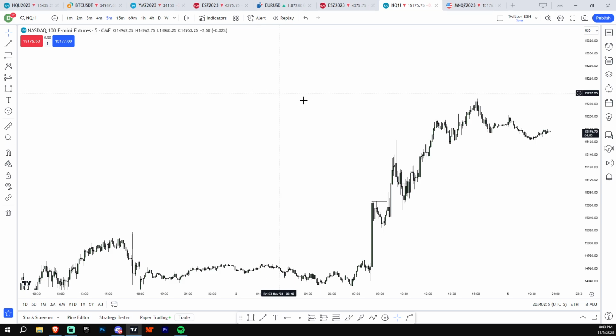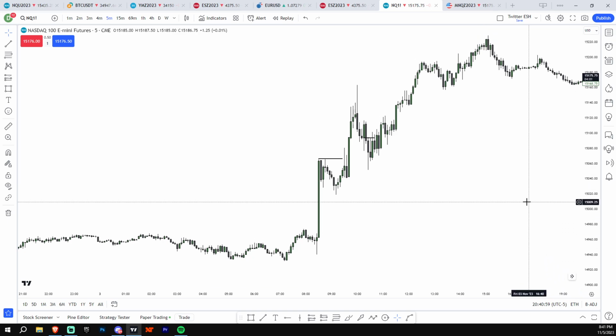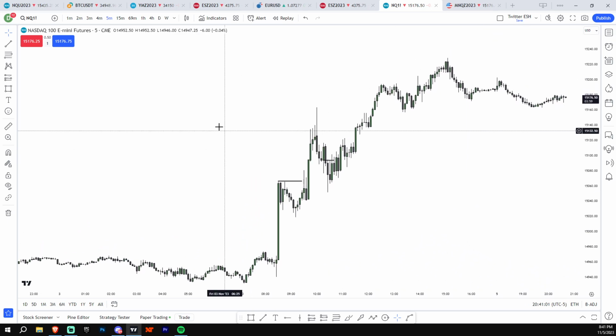Your stop loss would have really been if we got bearish structure, which we never really did. When there's a draw to equal highs, I expect them to hit.